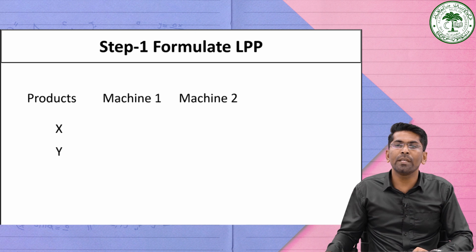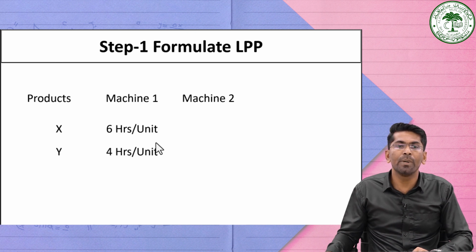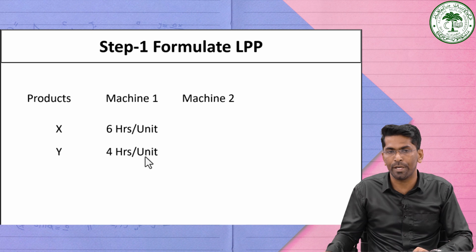The manufacturing of product X requires the processing of machine 1 for 6 hours per unit. At the same time, the manufacturing of product Y requires the processing of machine 1 for 4 hours per unit. So this information is given.